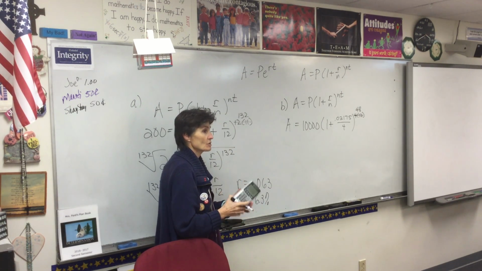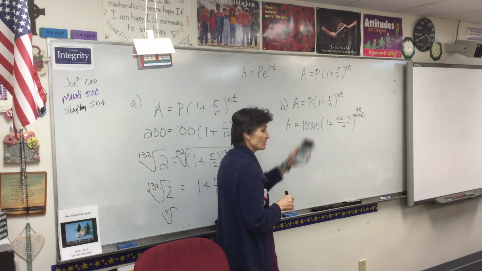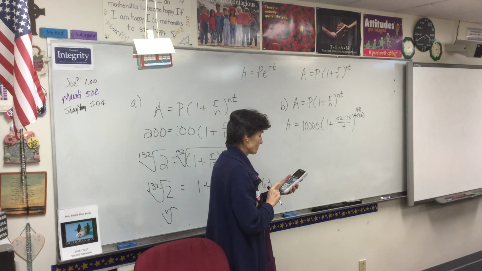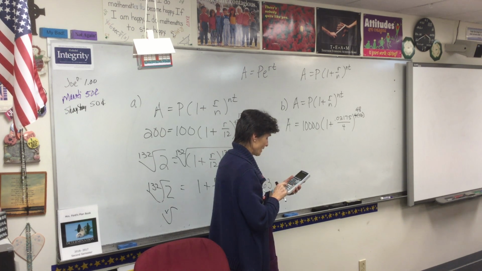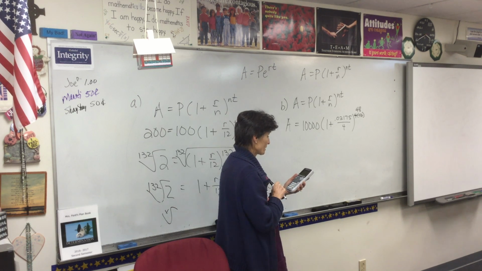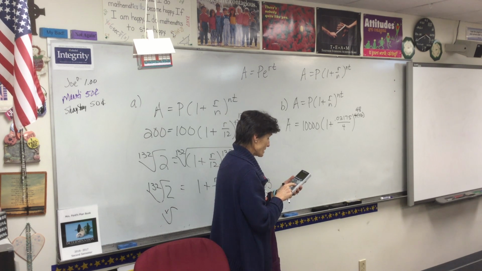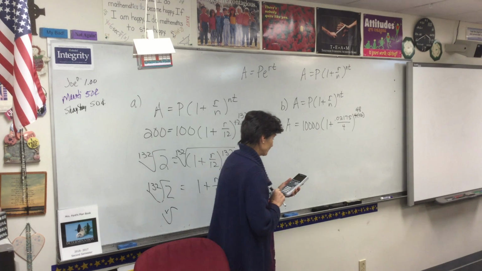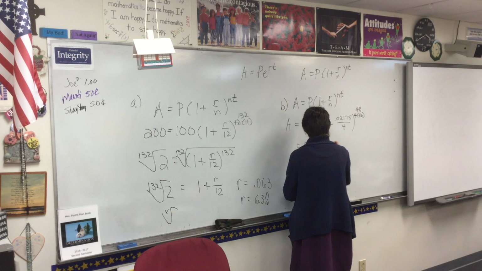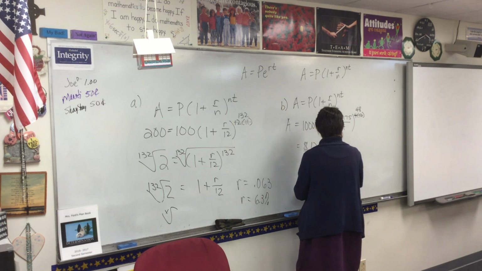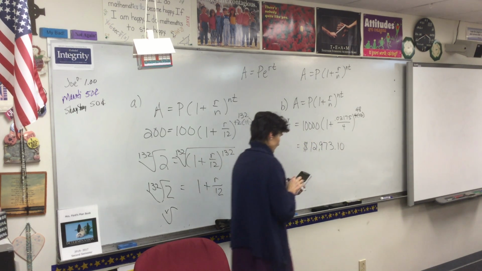No, I just solve it. Just type it in exactly the way we wrote it. 10,000, make sure you get enough zeros. Parentheses 1 plus 0.02175 divided by 4, close parentheses, raised to the 48th power. I got $12,973.10.